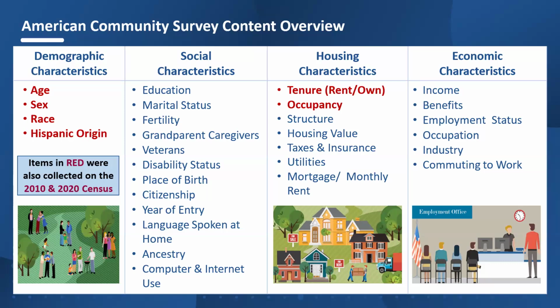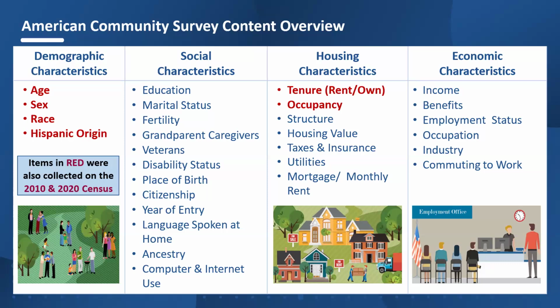If you look here at the population, under the demographic characteristics heading, you get data for age, sex, race, and Hispanic origin. Note, these are the same basic categories collected by the decennial census. That's why they're highlighted in red.